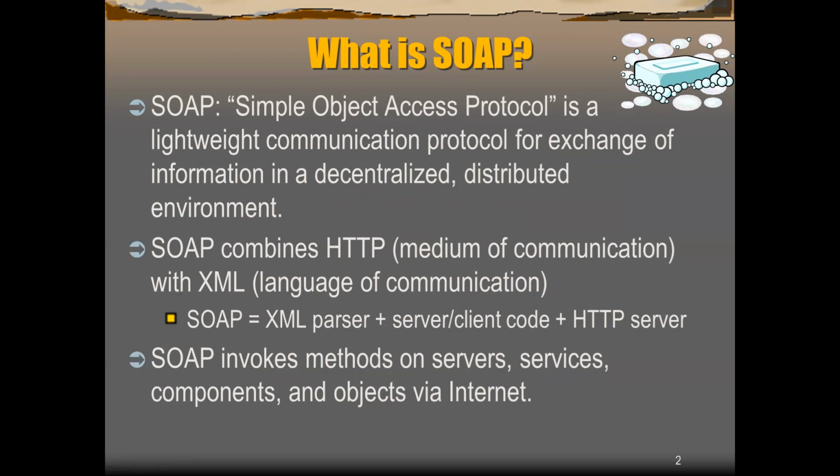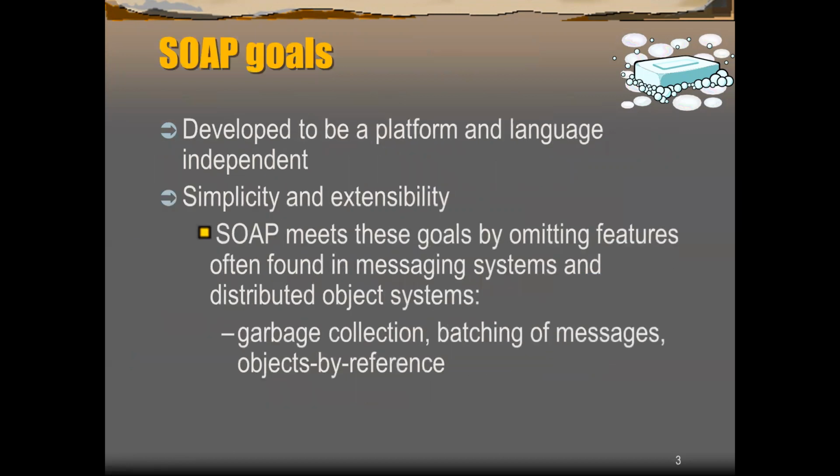So SOAP combines an XML parser, client server code, and the HTTP server code. So it is a combination of HTTP with XML. SOAP helps you to invoke methods on servers, services, components, and objects via the internet.